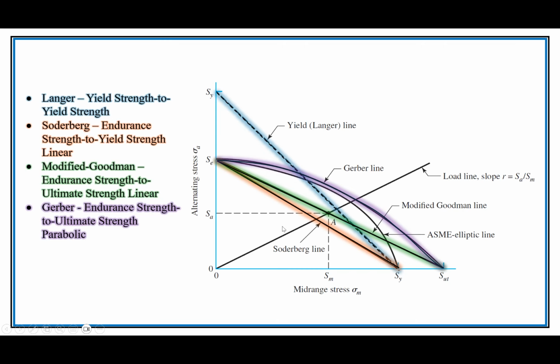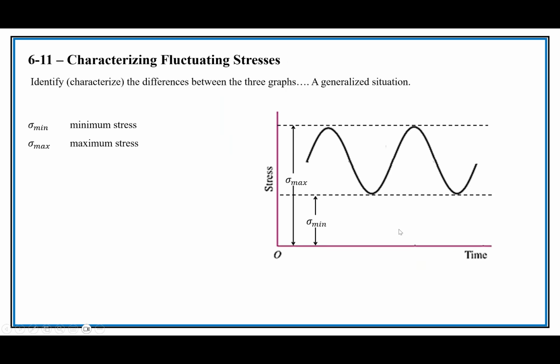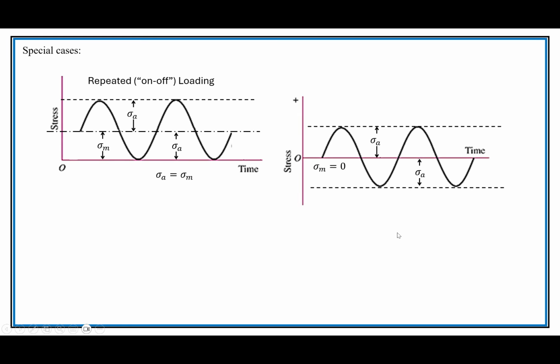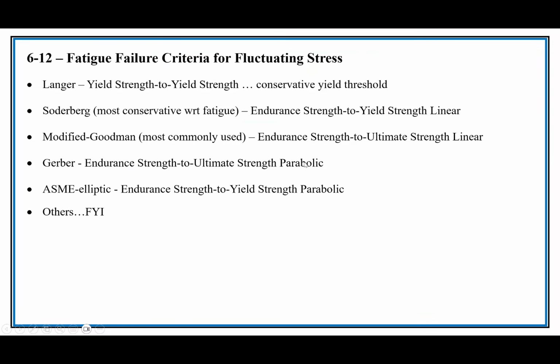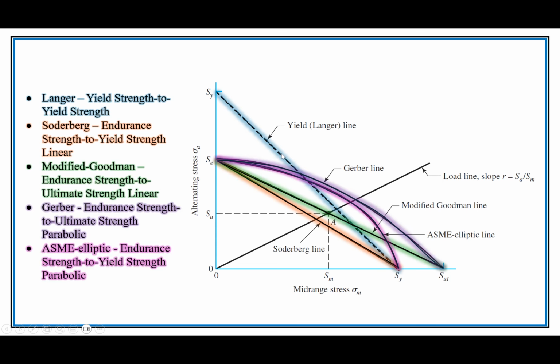And you can see that it is pretty much following the endpoints of the Goodman, but it is following a curve, and you could rationalize why it is making a curve. Sorry, I overshot here because of this right here, right? So it's following those points a little bit more closely. And then lastly we have the ASME elliptic right in there.